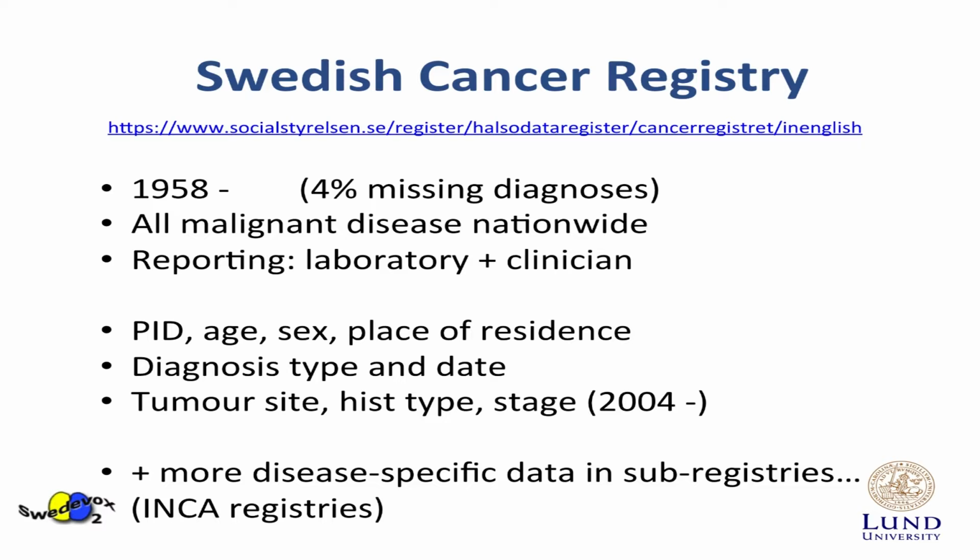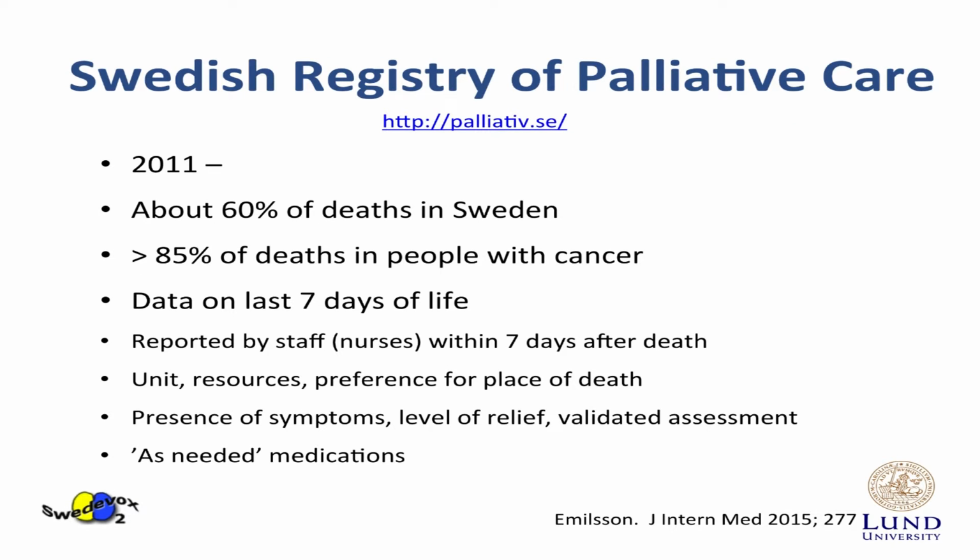And they've got also excellent data actually. And this can also include genetic tests and biobank and so on. So that's available. And the palliative care registry, they've got useful data, I would say, since 2011. Of all deaths, about 60% of all deaths are included, which is fairly high. And more than 85%, now about 90% of people dying with advanced cancer.